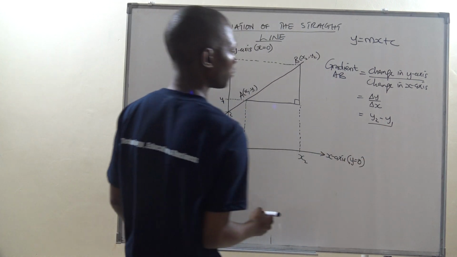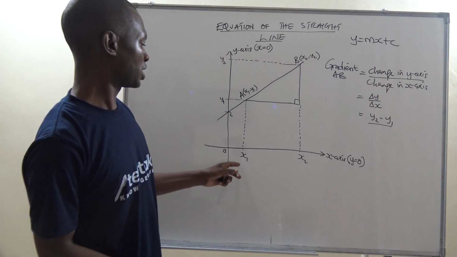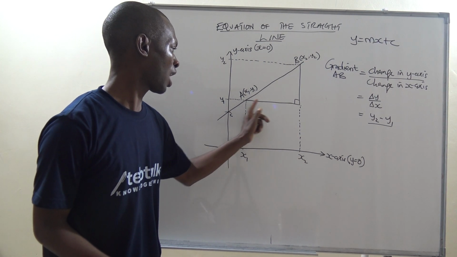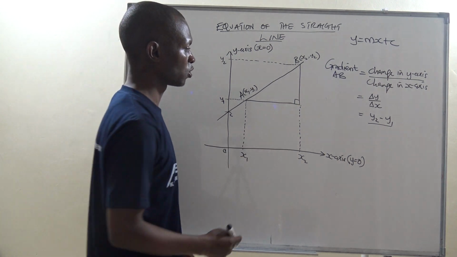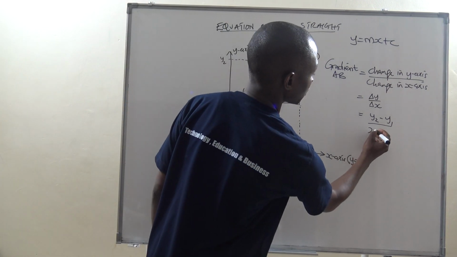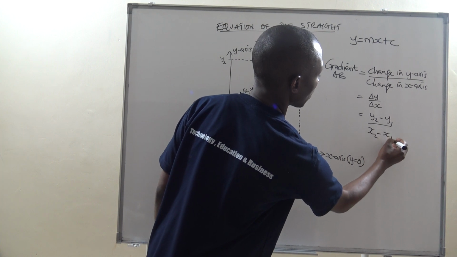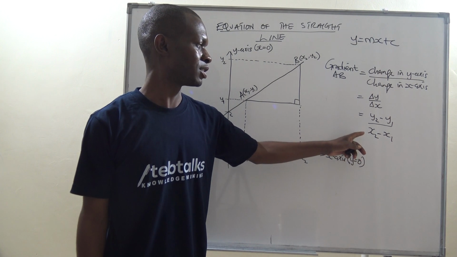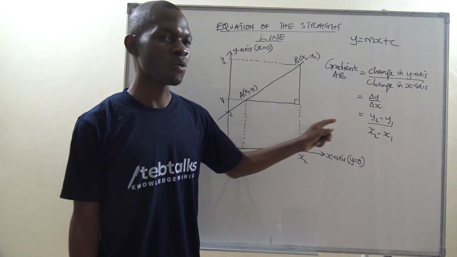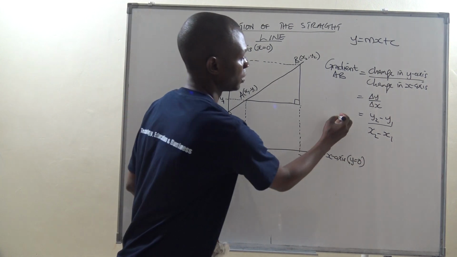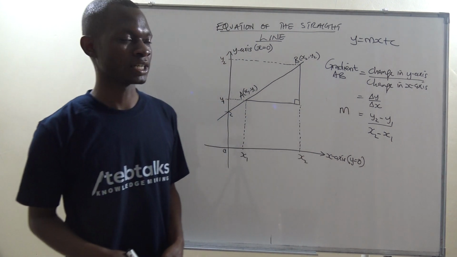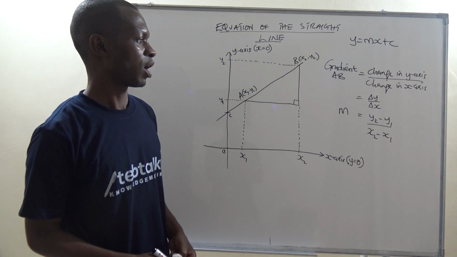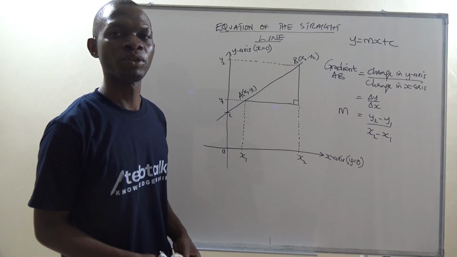And also the difference between x1 and x2, this distance from here to there, we can calculate it as x2 minus x1. So this is the formula for getting the gradient of a straight line. Next time I will come and we begin from the examples.